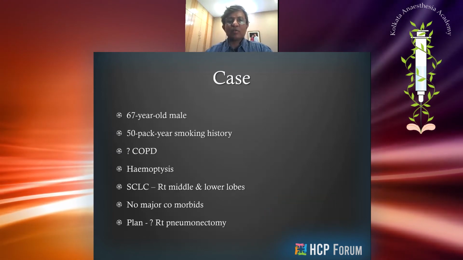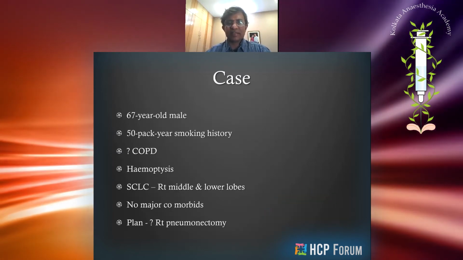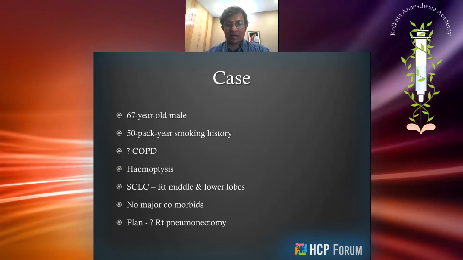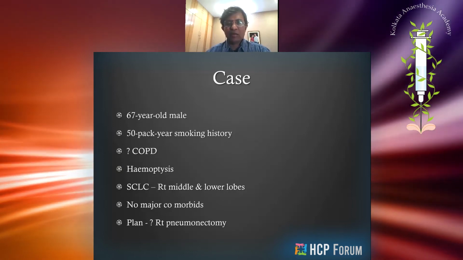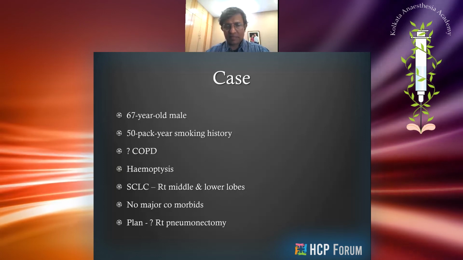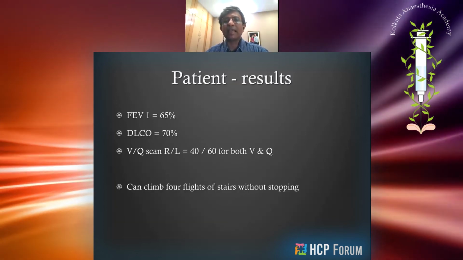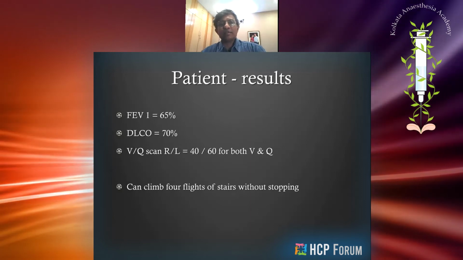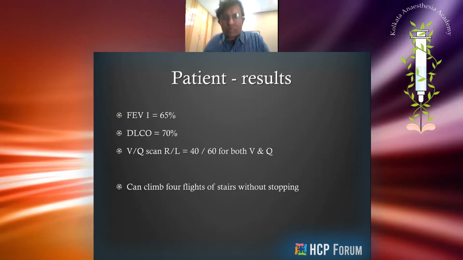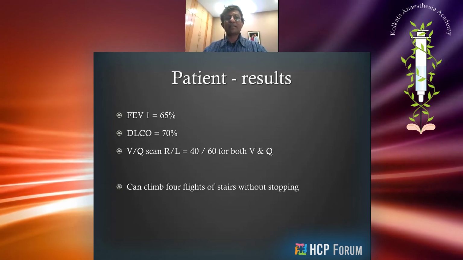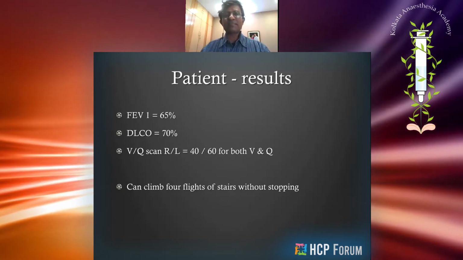So let's get back to our patient. This was a 67-year-old COPD patient coming in for a right pneumonectomy with a small cell cancer in the right middle and lower lobes. Say I give you certain values. The FEV1 that you got from spirometry was 65%. You had a DLCO of 70%.